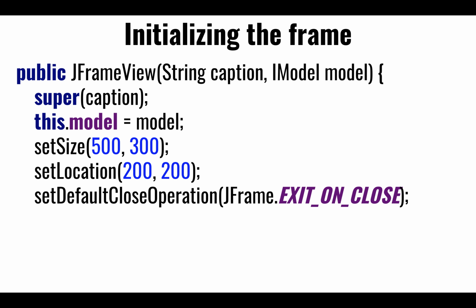We can say how big we want the screen. We can locate ourselves on the window, on the main screen. What should happen when we click on the close? By default, nothing happens, but we can configure that the system should close, exit.